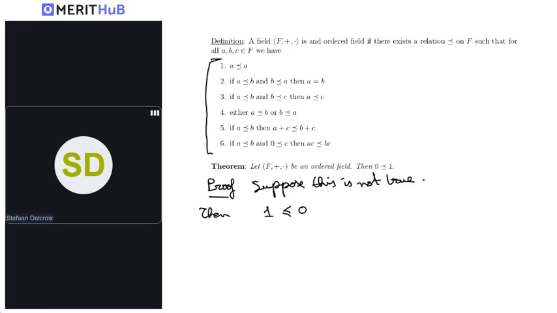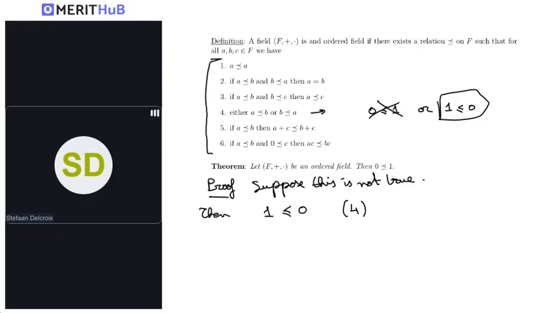This is property 4. What does property 4 say? Either 0 is less than or equal to 1, or 1 is less than or equal to 0. It's got to be one of those two. And if we're saying, well, it's not this guy, well, then it's got to be that one.